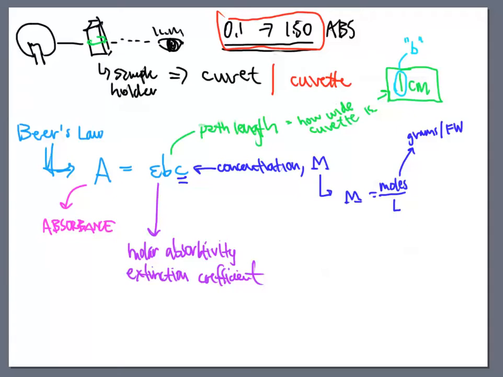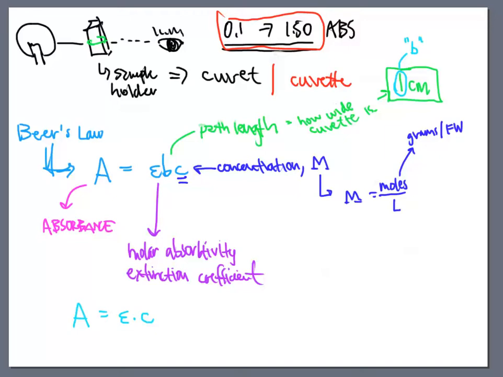So in a way, the B drops out of the equation when I use a normal run-of-the-mill cuvette that's given to me. So now instead of 4 variables to worry with, the equation turns into 3 variables. It turns into A is equal to E times C. Again, B will always be 1 centimeter, and that's the constant that I use in that equation.